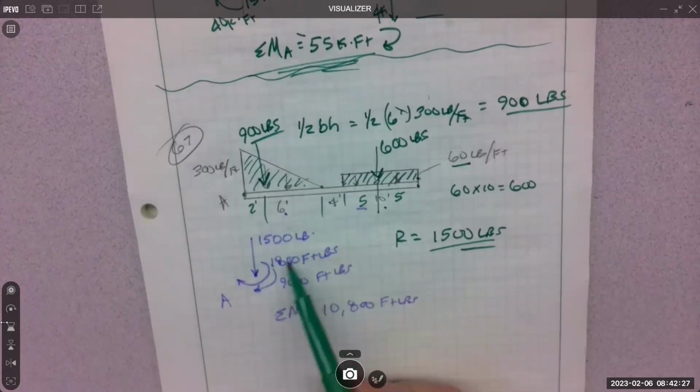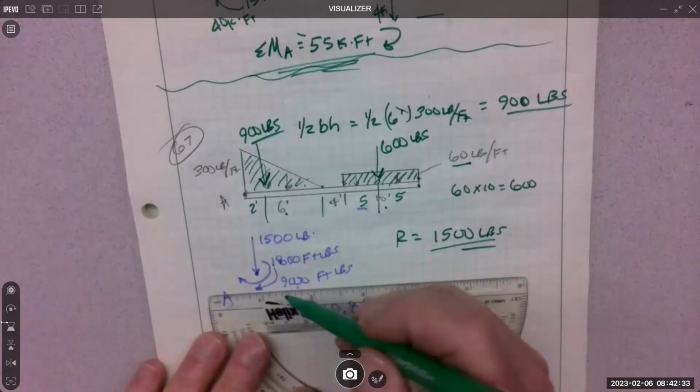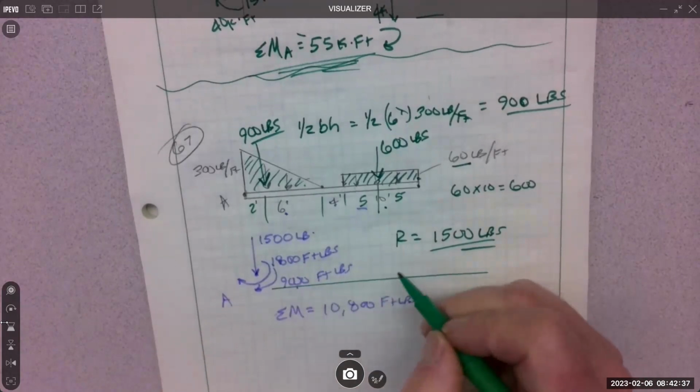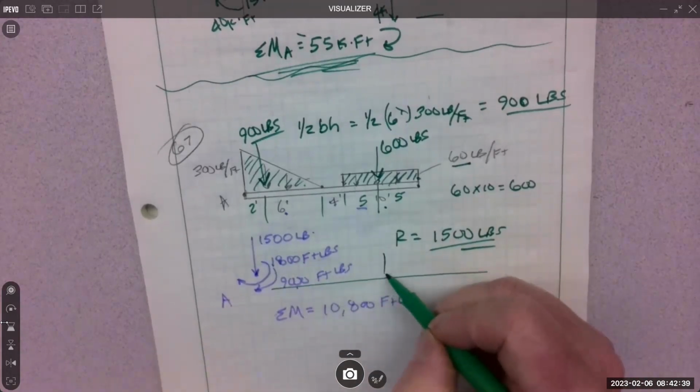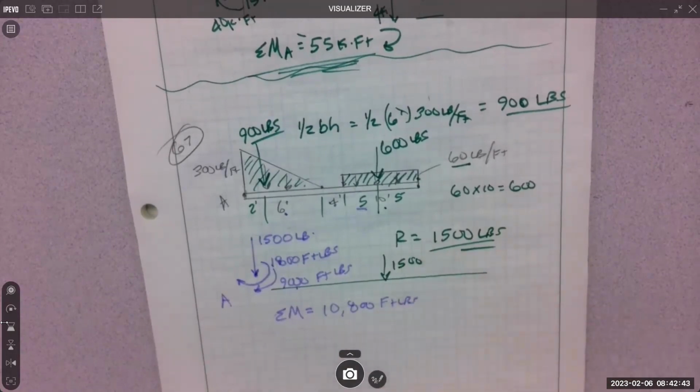Now, what do I use this moment for? Right? But also, doesn't it tell me where 1,500 is? Yeah. So I know 1,500 is out here somewhere, but where is it? It's at some X dimension.